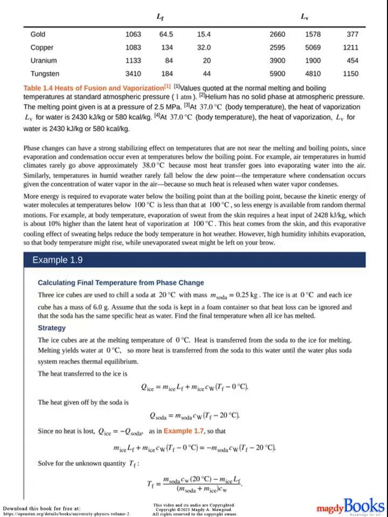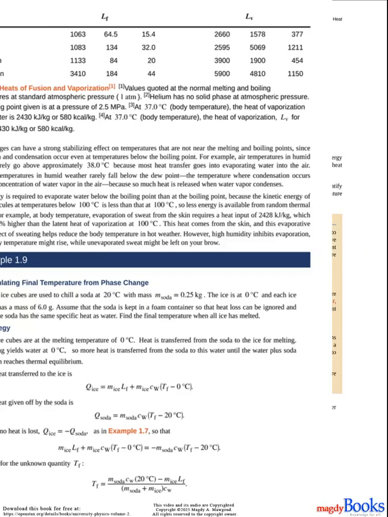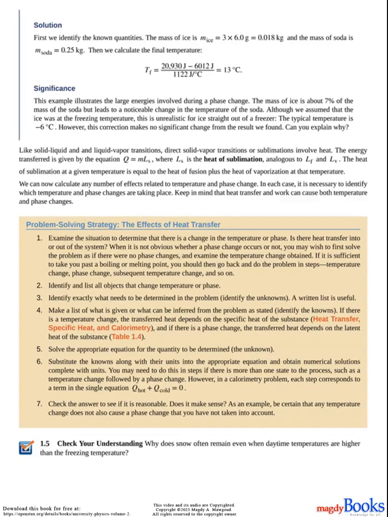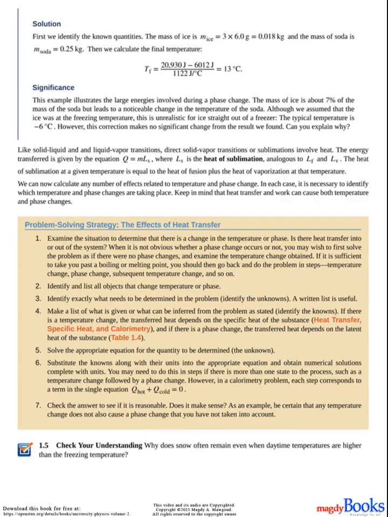Solve for the unknown quantity T_F. T_F equals m_soda c_W (20 degrees Celsius) minus m_ice L_F, divided by (m_soda plus m_ice) c_W. Solution. First we identify the known quantities.